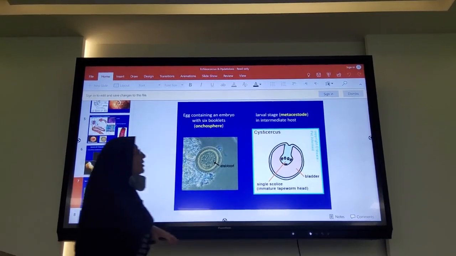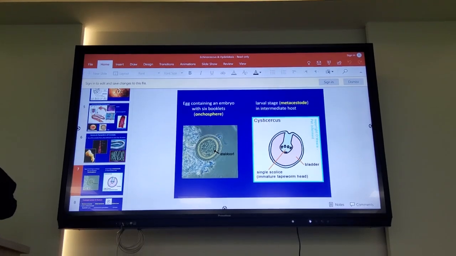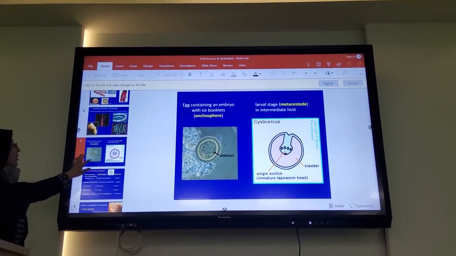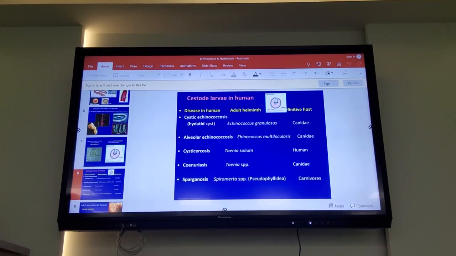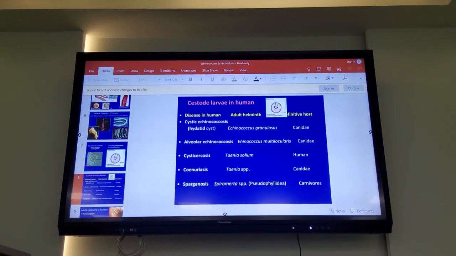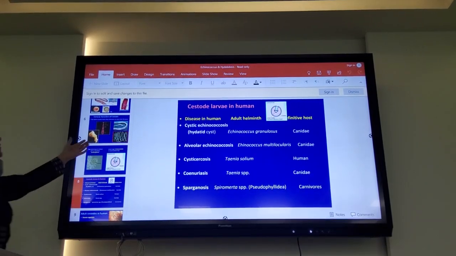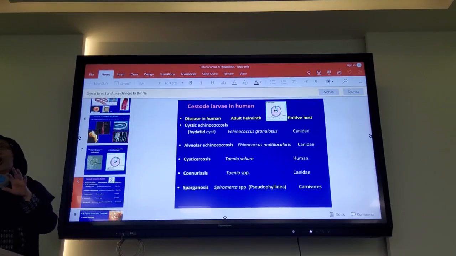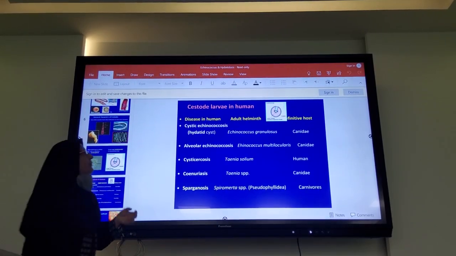According to the structure of the larvae, we have different names. Metacystode is a general term for the larval stage of the cystos. Okay, all the helminths have adult stage and larval stage. Here are the most important helminthic diseases which caused by the larval stage of tapeworms.